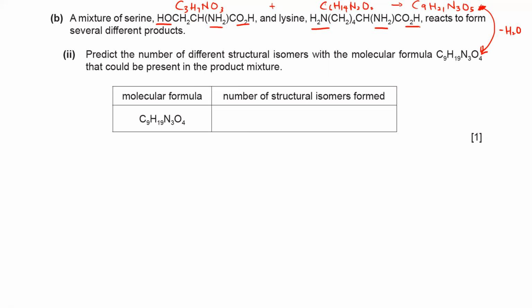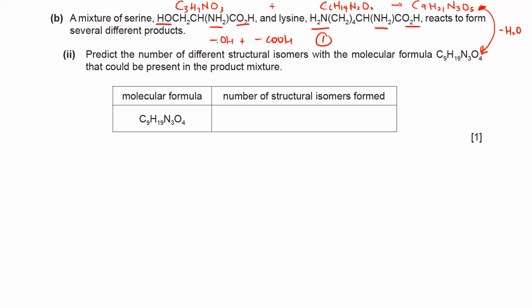Also 3, right? So let's check and see which one of them can react with each other and undergo condensation reaction. OH with COOH, yes. Condensation. So we will get one product.